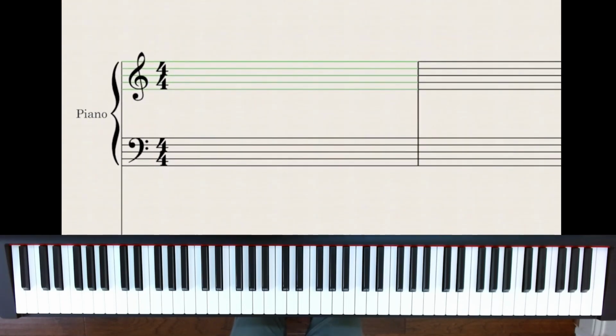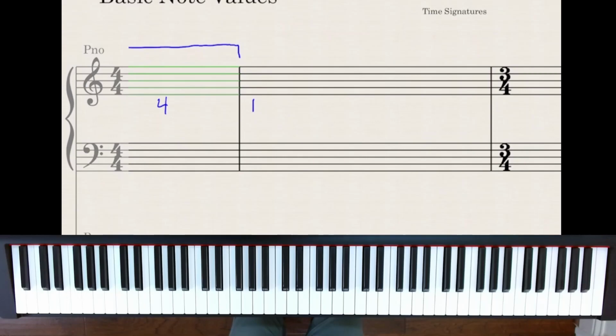So with 4/4 time, let's talk about the top number first. So the top number, it represents how many beats are in each measure. Okay? So the 4 is saying we can only put 4 beats in every single measure. Okay?